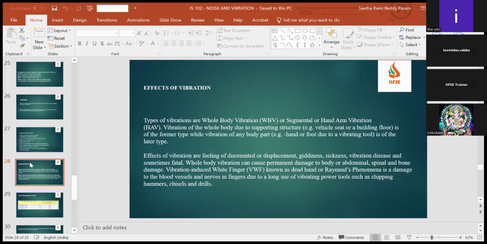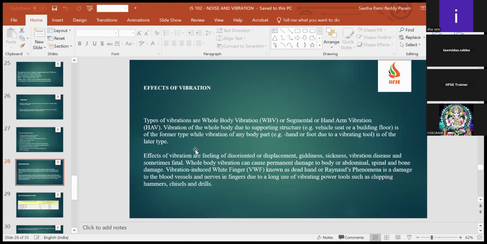Basically, hand arm vibration is strictly with any vibrating tools, and whole body vibration is with vehicle seats and building floors. As Kumar mentioned, the building floors, maybe during any earthquakes or due to collapse at times, or if it is an improperly constructed building, those are buildings where you can feel the whole body vibration.